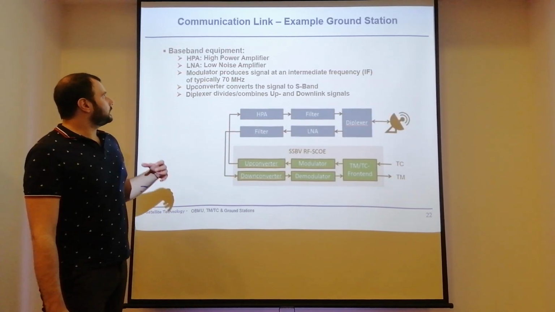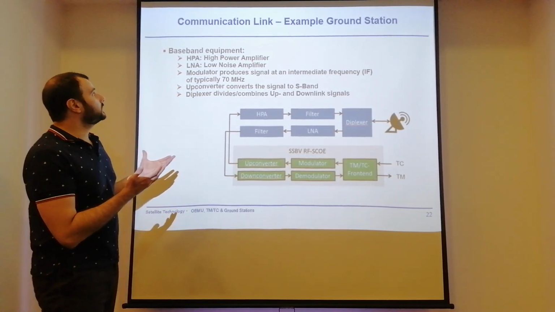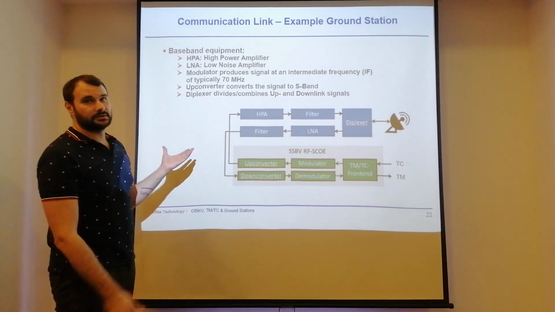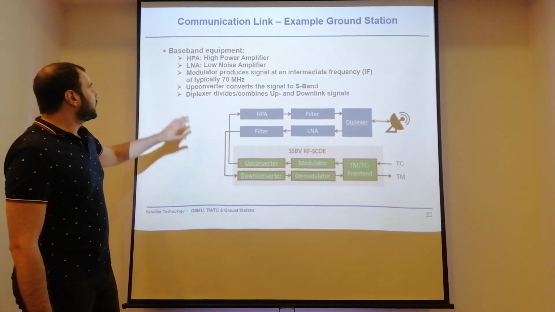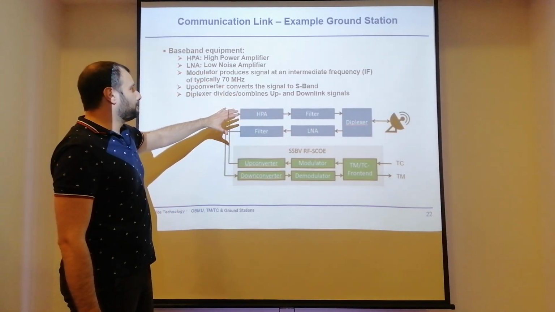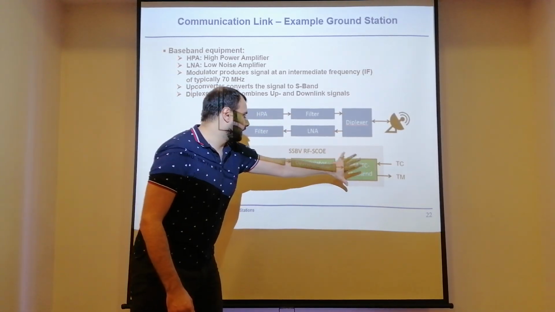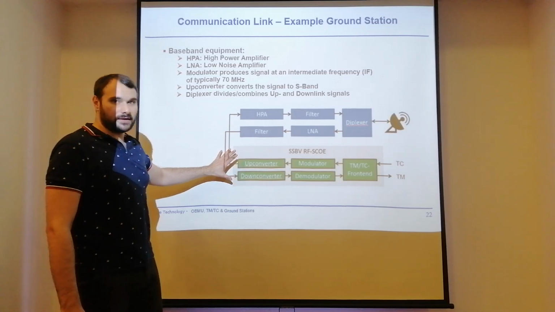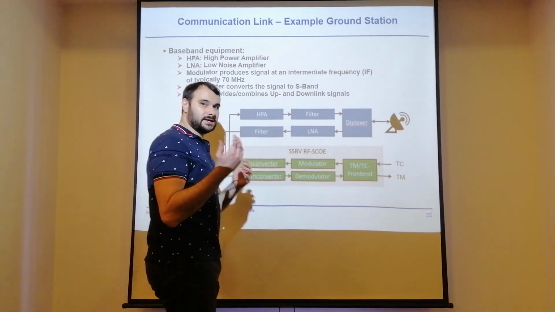Let's have a more specific look at different parts of a common example ground station for small satellites. Let's start with our RF unit, our modem, our modulator and demodulator. So let's say you have a telecommand.